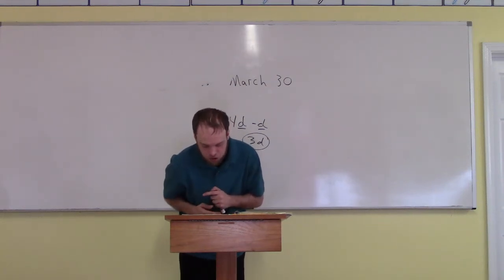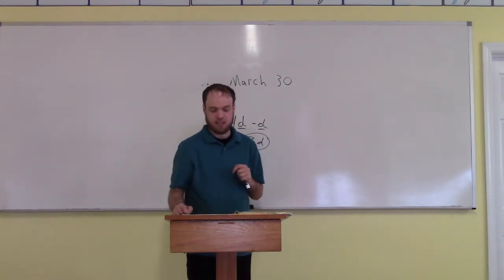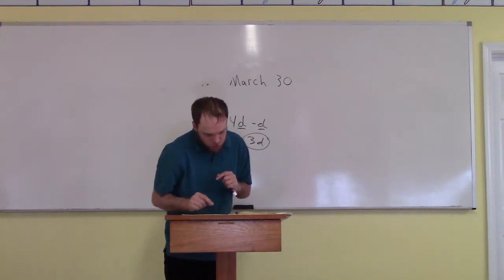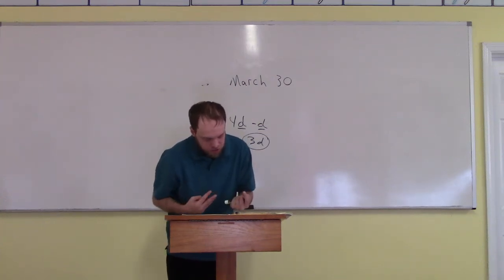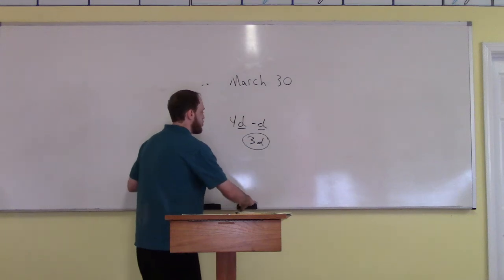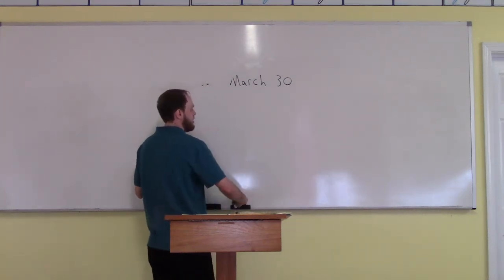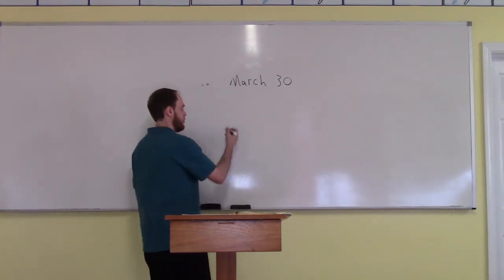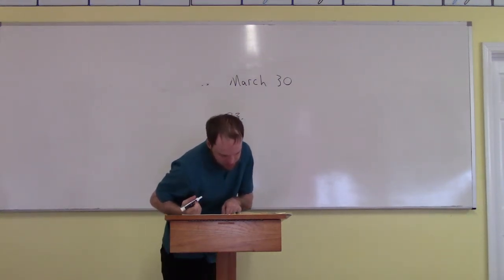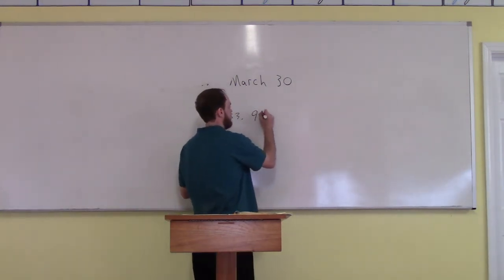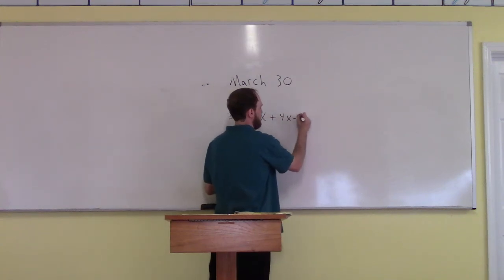Alright, what I need you to do is 32 through 38 in that section. Towards the bottom there, notice that instead of just 2 terms, they add in 3 terms. I'll do one of those real quick before we move on. You're just adding 3 numbers instead of 2. Like 33, it says 9x plus 4x minus 2x.